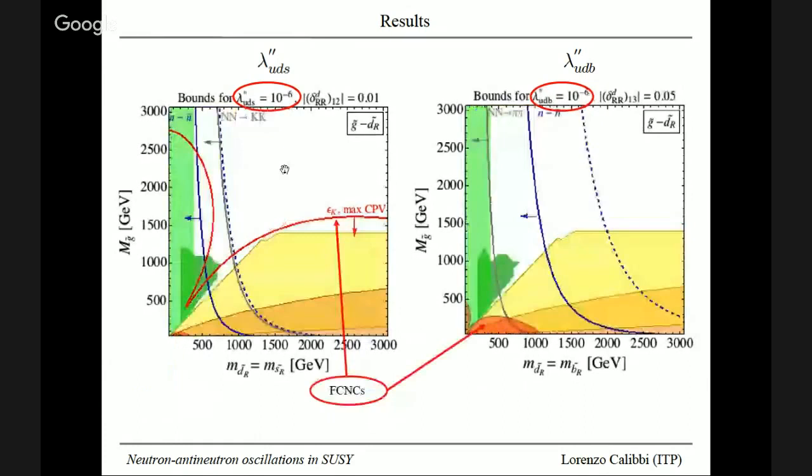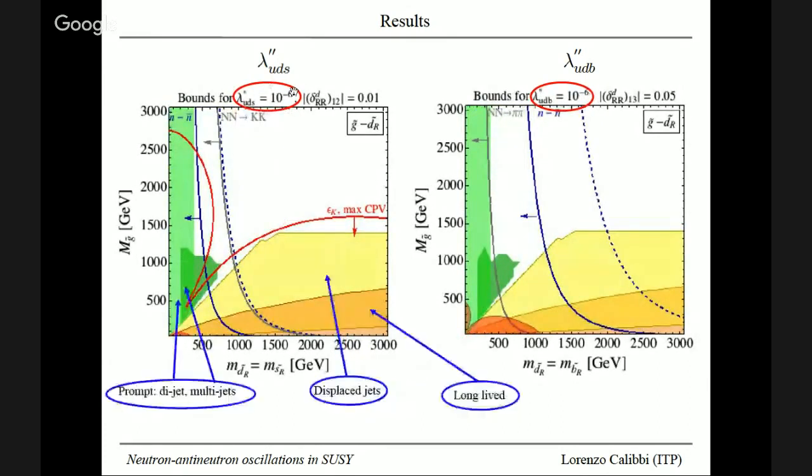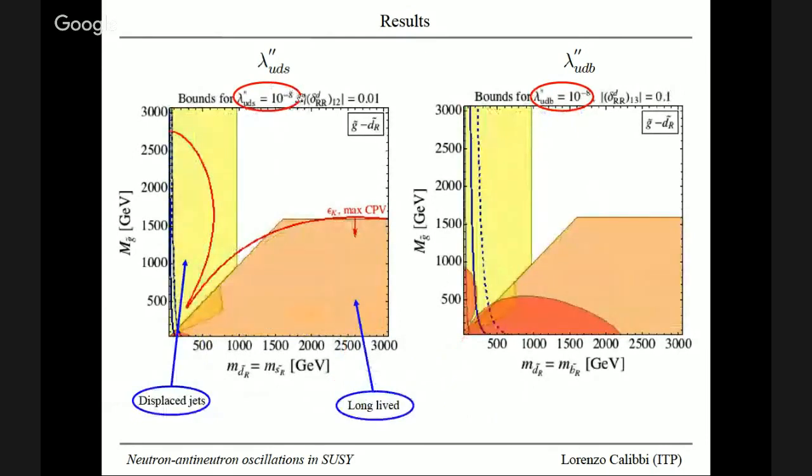On the other hand, if we take this R-parity violating coupling and we lower it, in this case by 2 orders of magnitude, the situation is reversed. All our low energy processes are not sensitive anymore, so the constraints are irrelevant, while the LHC gives the strongest constraint.